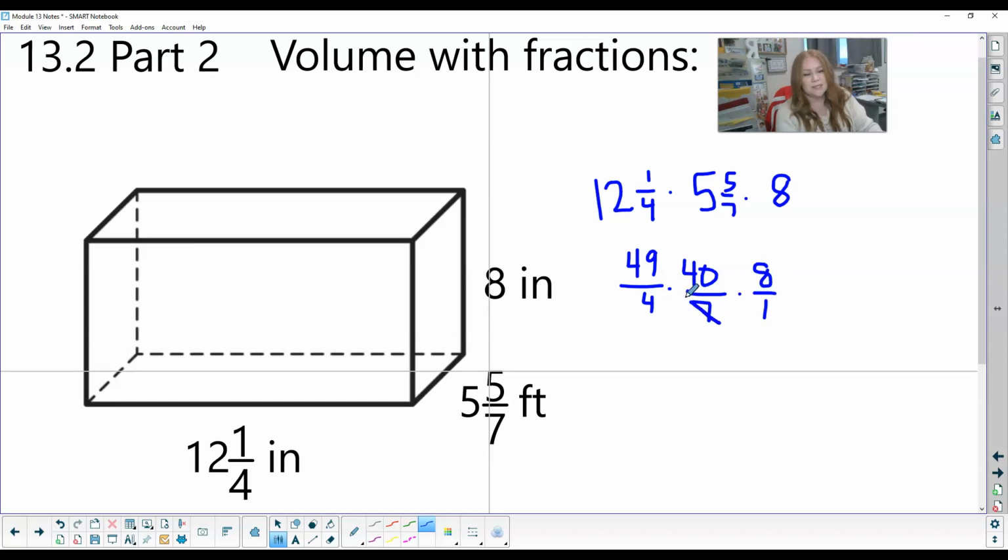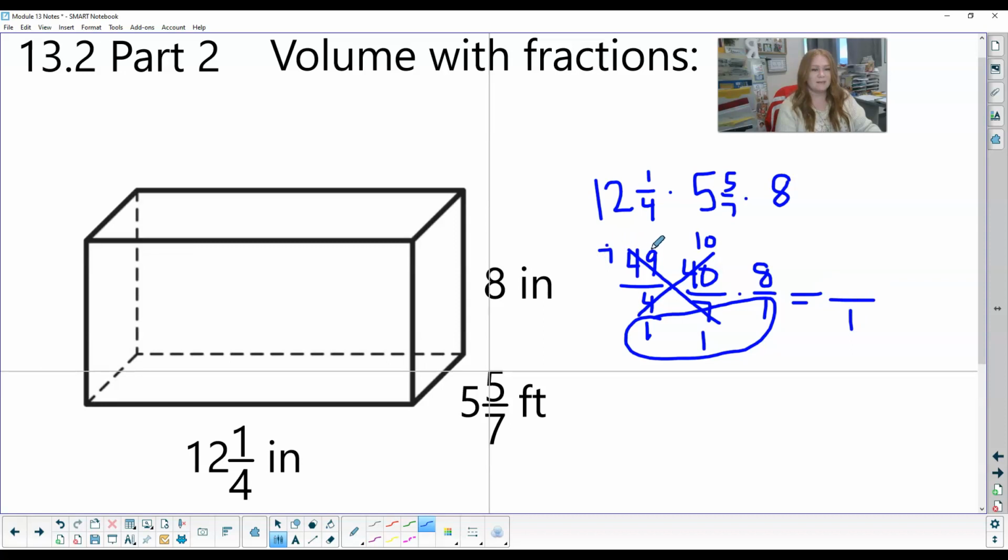Ooh, I see my 7s are going to turn into 1s, and I can see this 4. Which one do I want to do? I'm going to go with the 40 just because it's bigger than 8. So that goes in there 1 time and 10. Now I can't go any smaller. These are all 1s, so my denominator is 1.